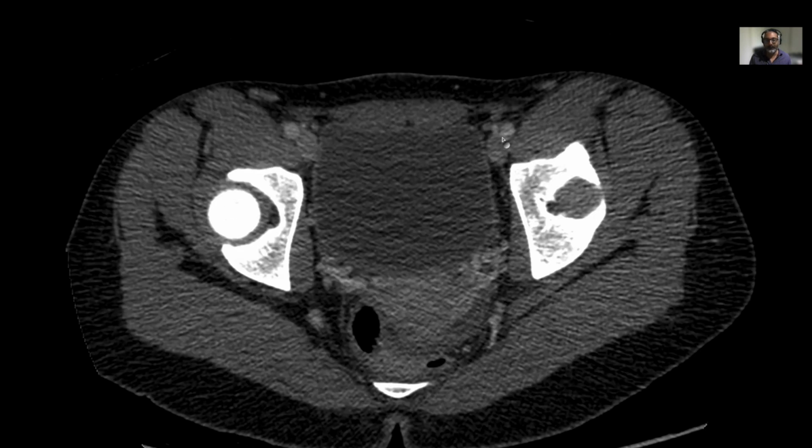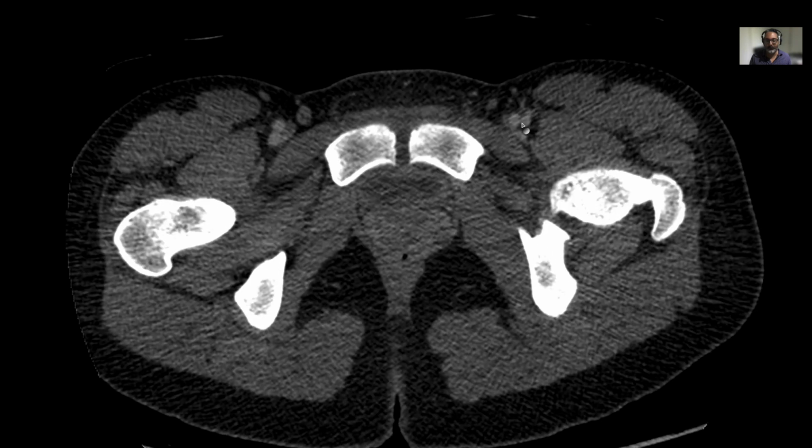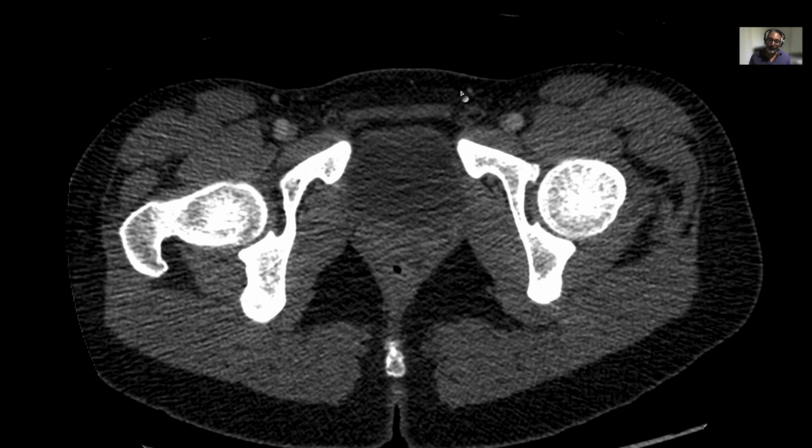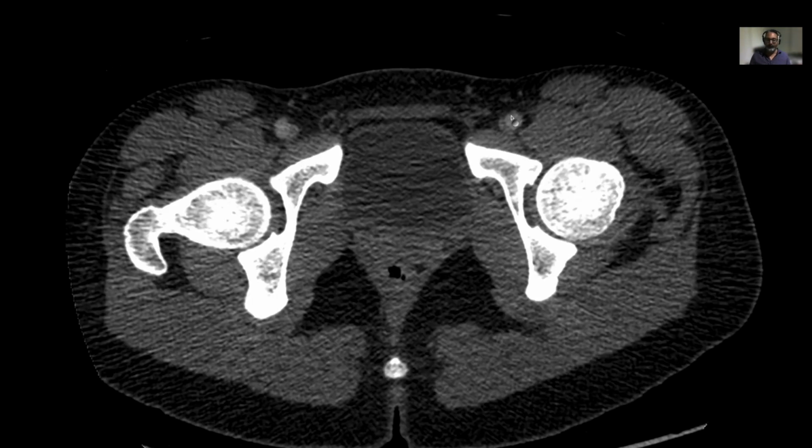And the external iliac nodes will go past the inguinal ligament, and then the nodes here will become inguinal nodes. So nodes around the femoral artery in this area, the pelvic area, are inguinal nodes. And those are essentially the nodes that are extraperitoneal in this area.